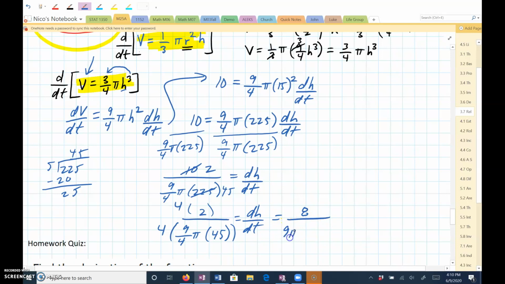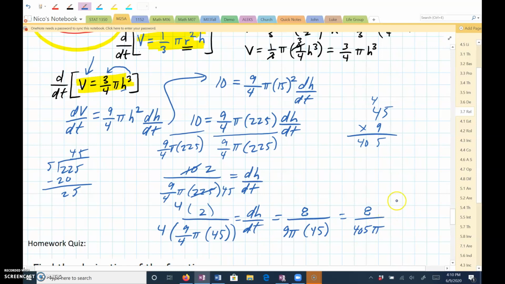Then I have 9 pi times 45, and now I have to do 45 times 9. 9 times 5 is 45. 9 times 4 is 36, plus 4 is 40. So this is going to be 8 over 405 pi.